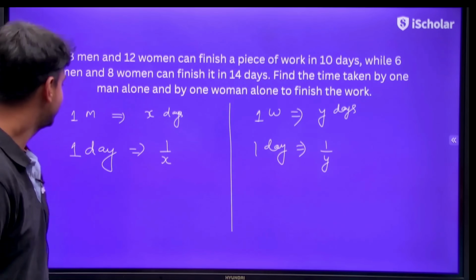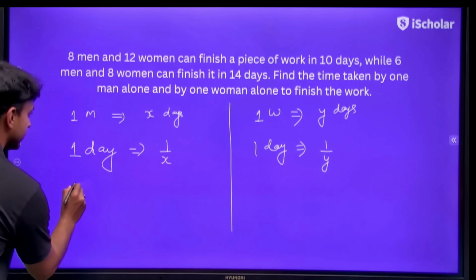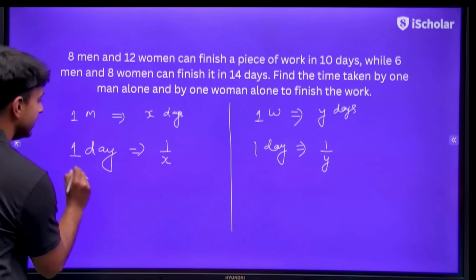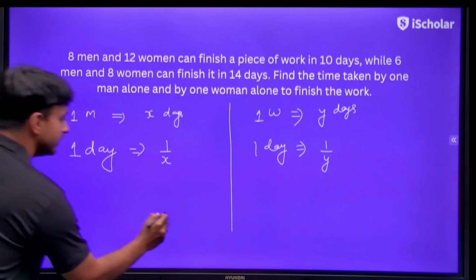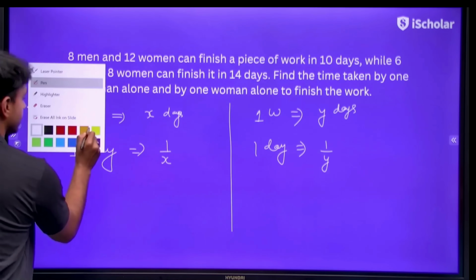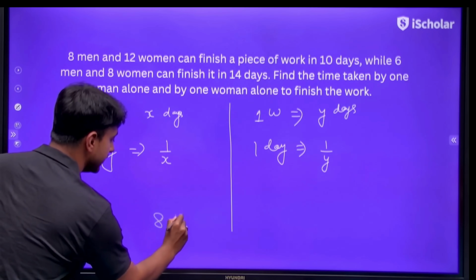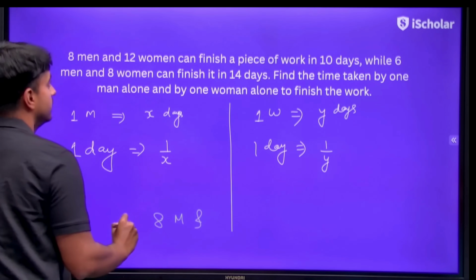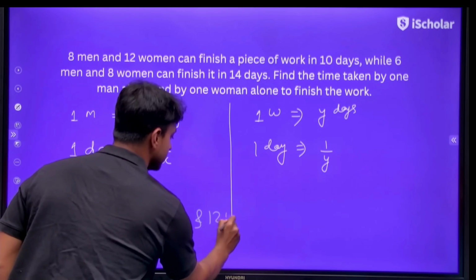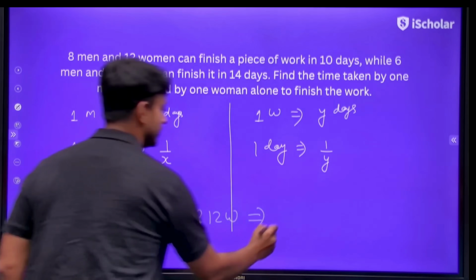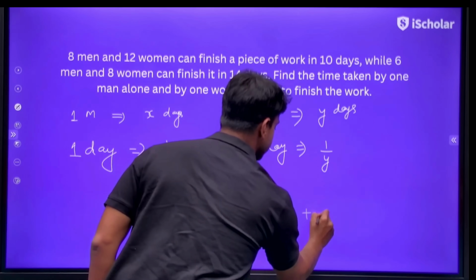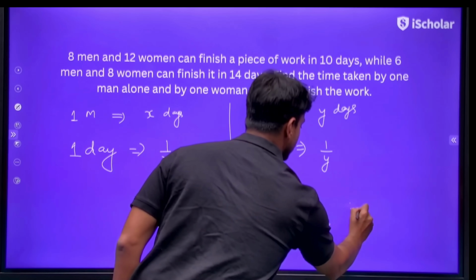So 8 men can finish in 1 day how much work? According to my question, 8 men and 12 women can finish how much work? 1 by X plus 1 by Y in 1 day.